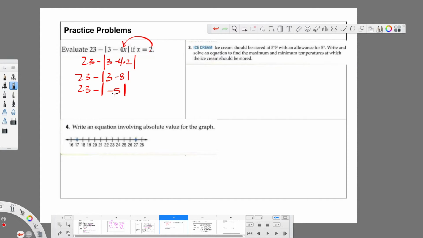It's 5 units away. So we say 23 minus, that's this 5. This is outside of the absolute value, so it still comes down. 23 minus 5 gives us 18. So we've evaluated it down to one number.